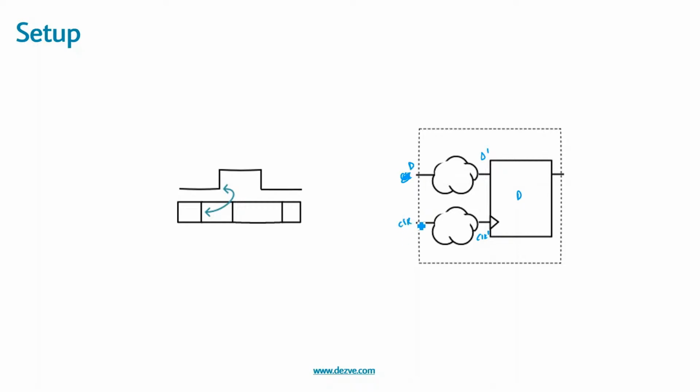Now we know that the standard cell library would provide a relationship between clock prime and D prime, so the relationship for setup is this particular time, correct? So T setup is the forbidden time in which the data cannot change for this particular pin, correct?